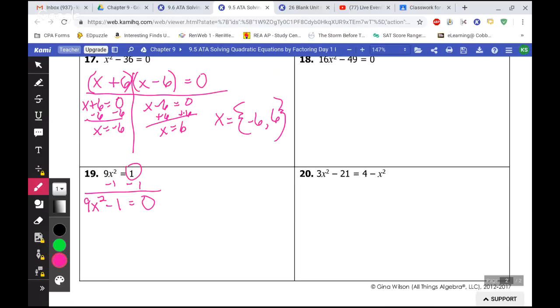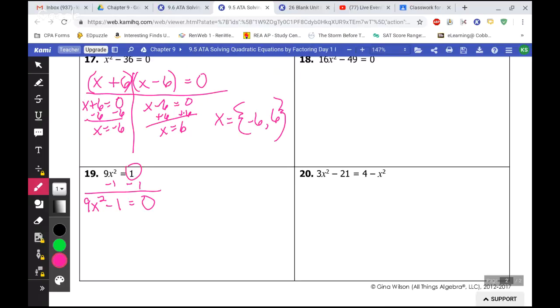And Mary Faith, just like number 17, number 19 is a special factoring pattern. Can you tell me what it is? It's just the same as number 17. What was that one? Oh, so it's difference of squares? Yes, it is also the difference of squares.